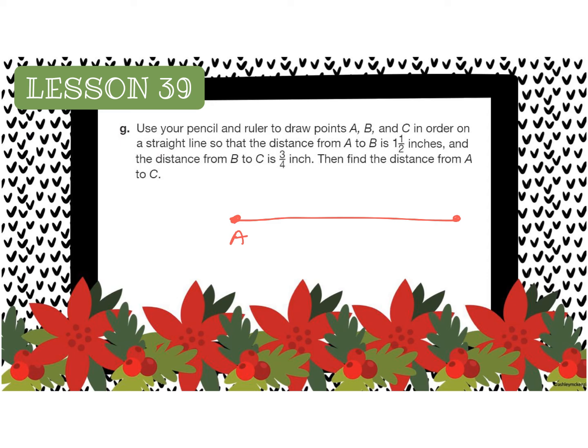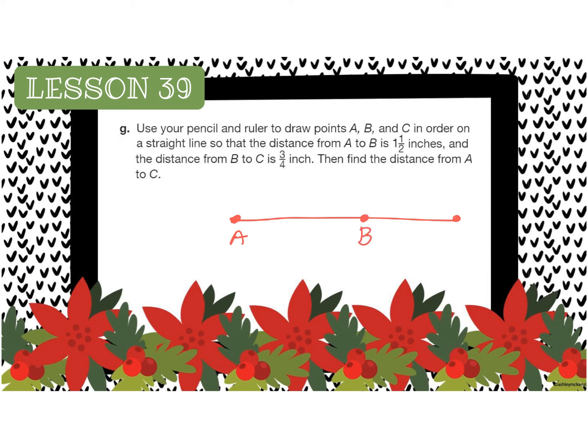So is my distance from A to B, which is 1.5 inches, going to be bigger or smaller than my distance from B to C? B to C is 3/4 of an inch, so it's going to be bigger.